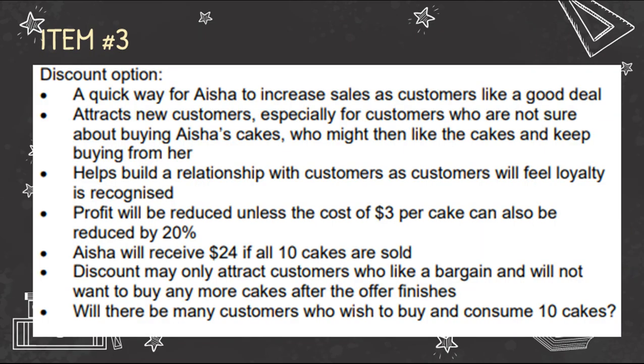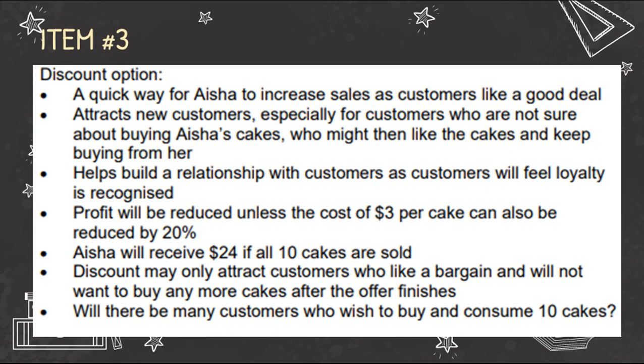$600. To further discuss the options, if you recommend the discount as the option for Aisha to increase her revenue, then emphasize also the quickness of the increase of sales because it's a discount, right?